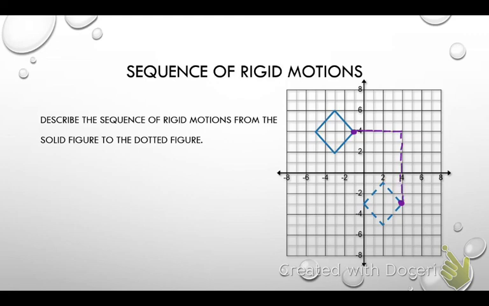So the sequence of rigid motions here would be to translate 5 units right and 7 units down. Okay, and that pretty much covers everything you need to know for sections 2.1 to 2.4.